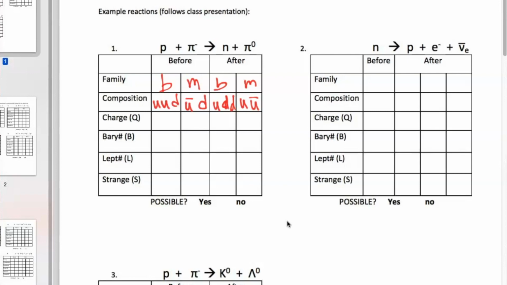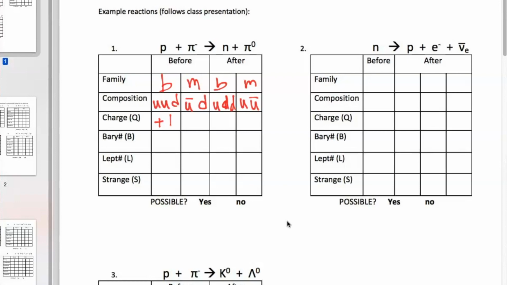To go through, I first need to figure out the charge of a proton, and I can do that by adding together two ups, which is 2/3 plus 2/3, which gives me 4/3, and a down, which is minus 1/3. 4/3 minus 1/3 gives me 3/3, or plus 1, as its charge.